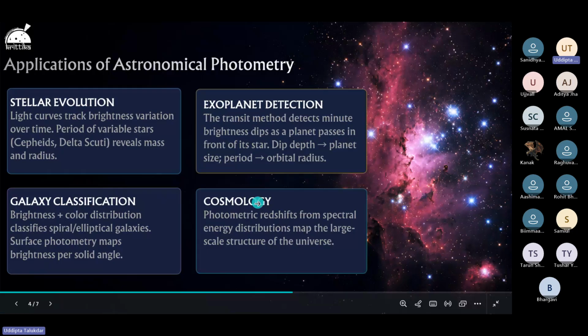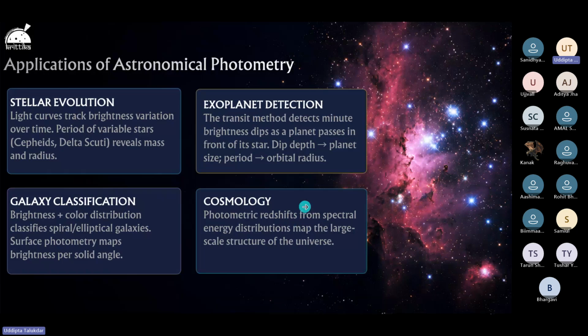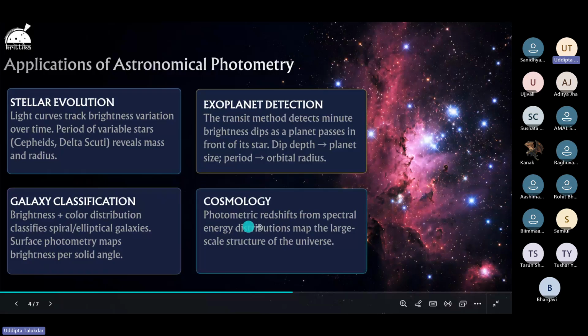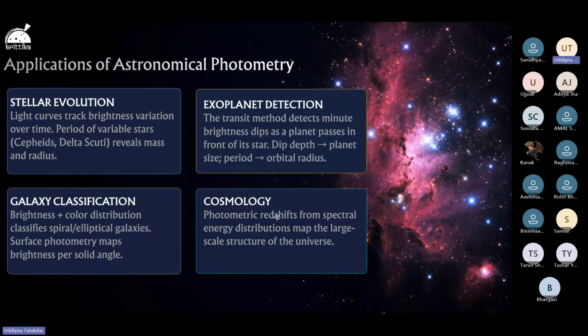Next one is cosmology. Photometry helps us map the large scale structure of the entire universe: where galaxies cluster, where there are voids, and how the universe is expanding. This is the biggest application essentially. When light from a distant galaxy travels to us, the universe's expansion stretches it. It shifts redder.